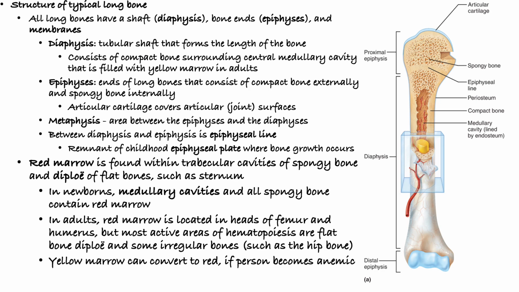So we're going to first start with looking at the structure of a typical long bone. All long bones, and when I say long, it doesn't have to be just maybe your legs, your thigh bone, your arm bones, but long bones, we're talking about the length is longer than the width. So even your fingers are considered long bones.